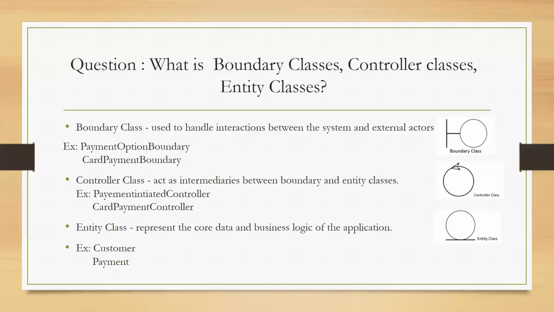Boundary classes are the basic UI components where the user interacts with the system. The components the user interacts with can be named under boundary classes. The system interacts with external actors only through some components, so those components are categorized under boundary classes.